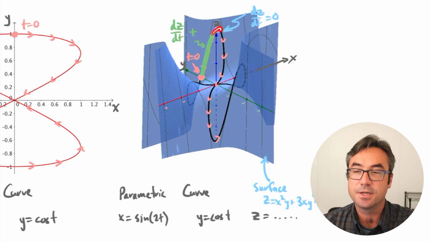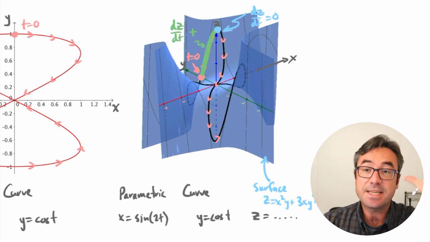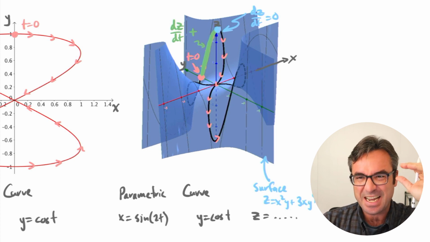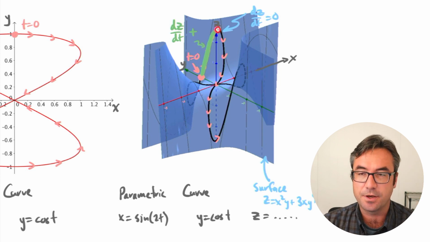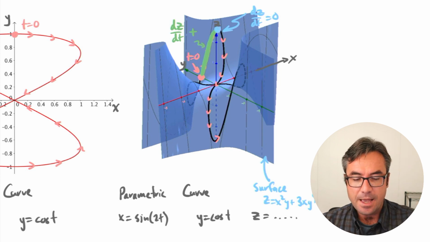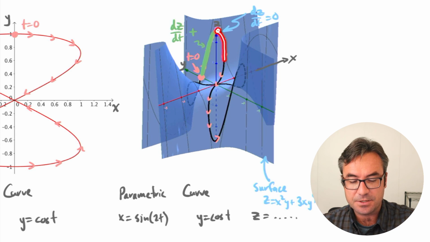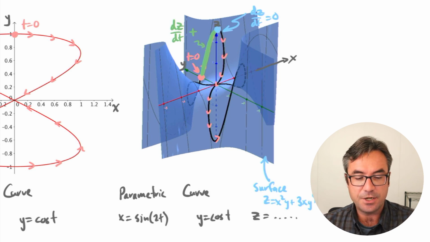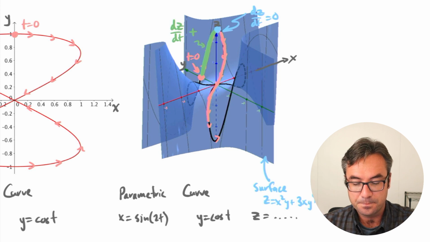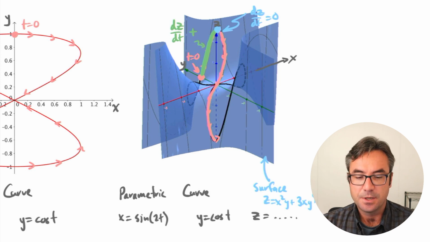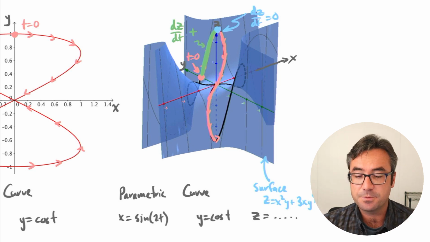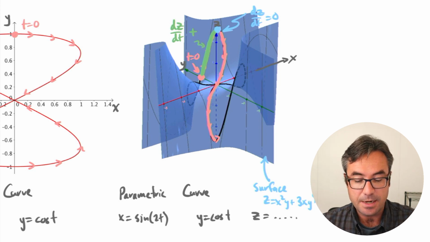It hits a high point, so it momentarily stops increasing the height and just hovers there at that high point. So the derivative is 0. And then after that, it starts to decrease. So the elevation of our particle starts to decrease. And then we hit a low point. So on this section of our parametric curve, the derivative of z with respect to t would be negative.